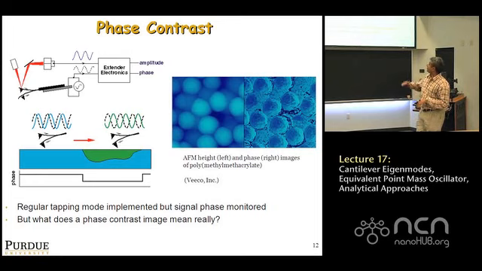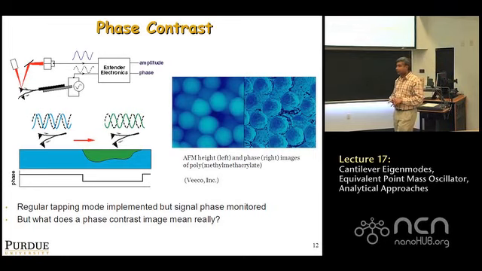So for example, here, this is from Veeco's, now Bruker's, website. On the left, you see a topography image of this polymer system where you have these spherical bumps effectively, and you see something. But when you look at the phase image, you just see really nice contrast in properties.